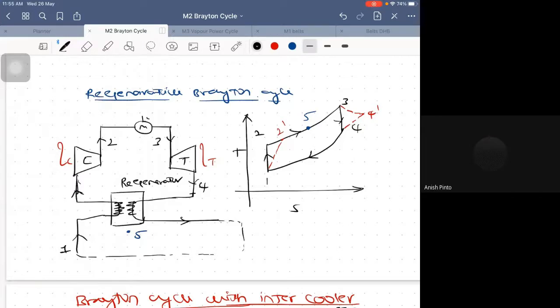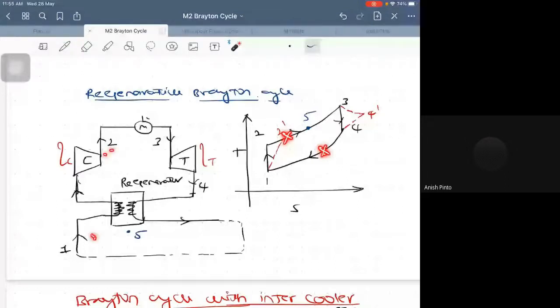Now what happens, the heat addition process is being compensated. So literally, if I speak it, it should be 2 points, one at this and one at here. Because two different processes you are touching, so 1 to 2 and 4 to 1. So these two processes are intersecting. So that's why it should be 2 different points.